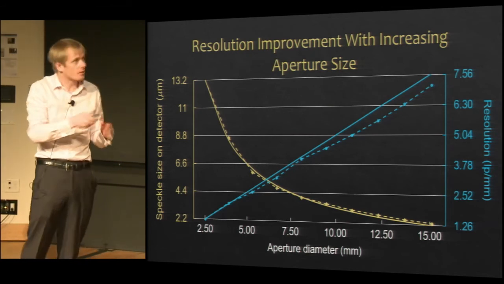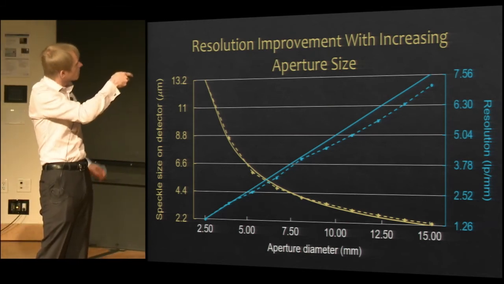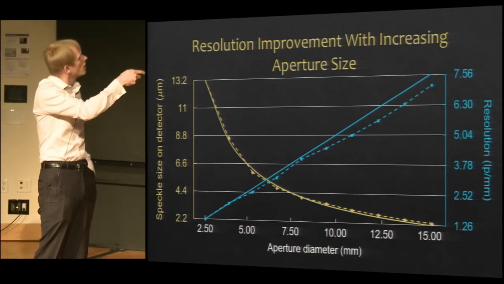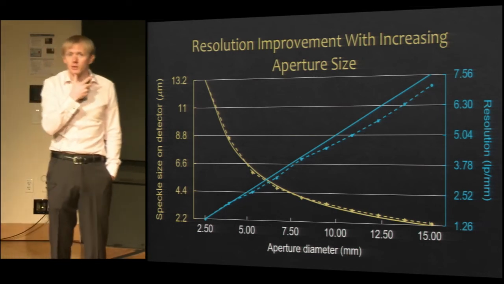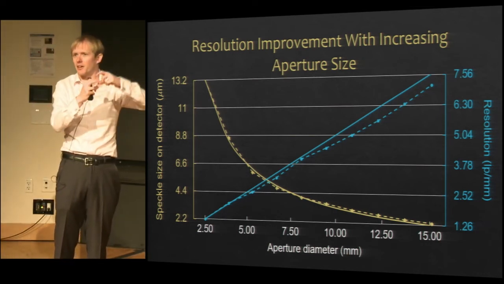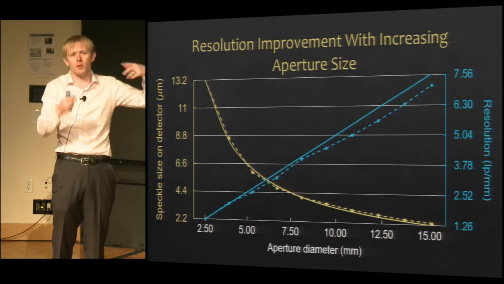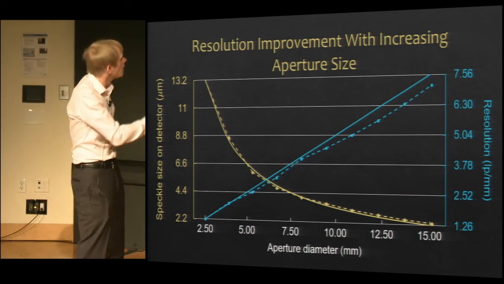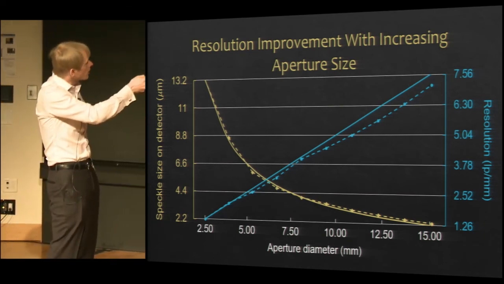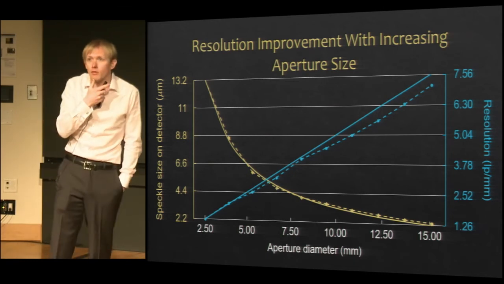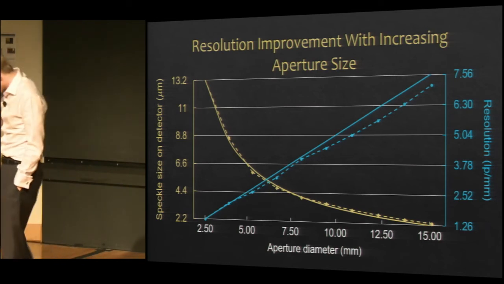And I would expect, sorry for the confusion here, the solid line is the theory, right? It says that as we increase our aperture by a factor of 2, our resolution should go up by a factor of 2, and so on. And as we do increase our aperture diameter, we notice that we follow this line fairly closely.